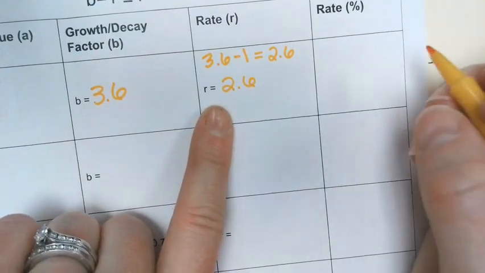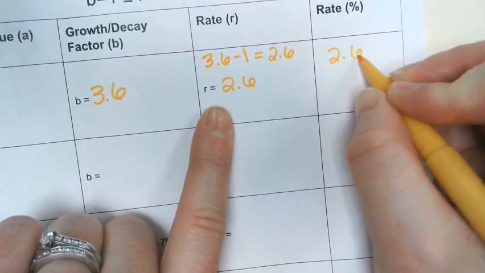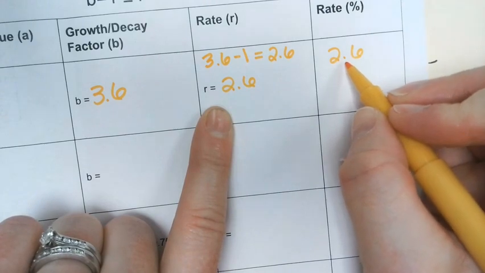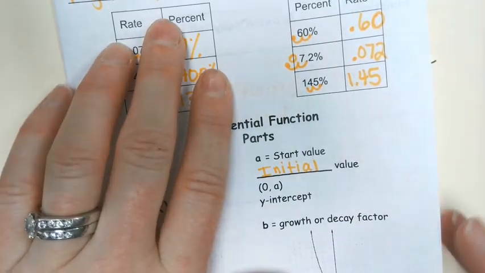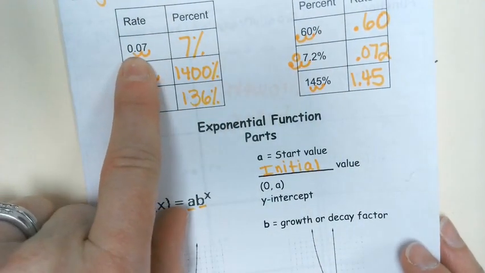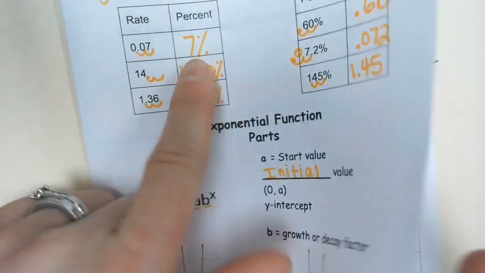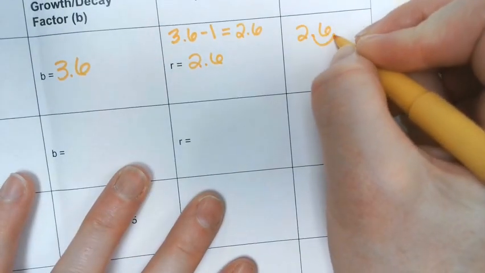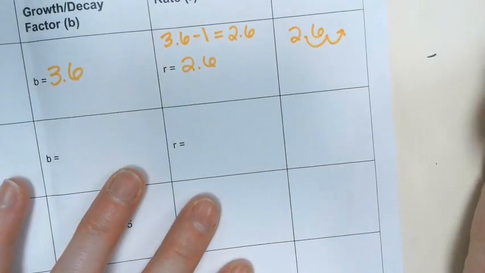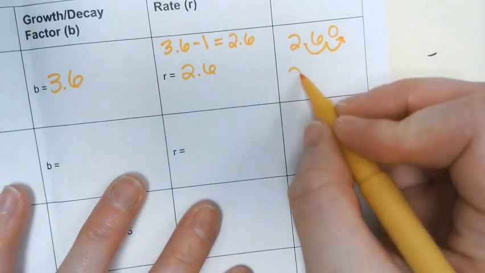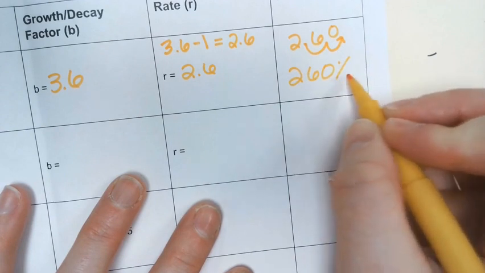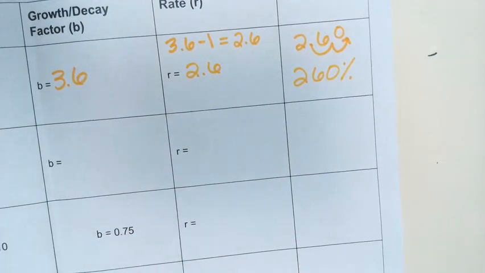And then the rate as a percentage, we're going to move this, how do we move from a rate to a percent? To the right, 2 places. So we're going to go 1, 2. So it's a 260% increase. So it more than doubled. 200% increase. Well, it almost tripled.